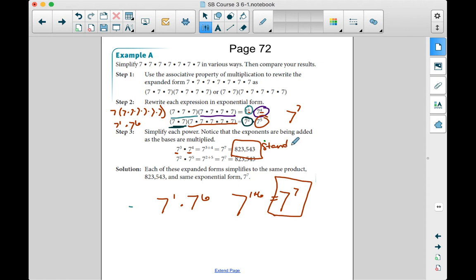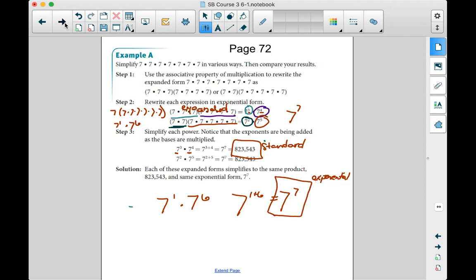They are what we call equivalent expressions, meaning they are equal. This is just the exponential. That's the standard. And then this right here is what we would call the expanded. These are all equivalent expressions. They're just written out so that we can see them.